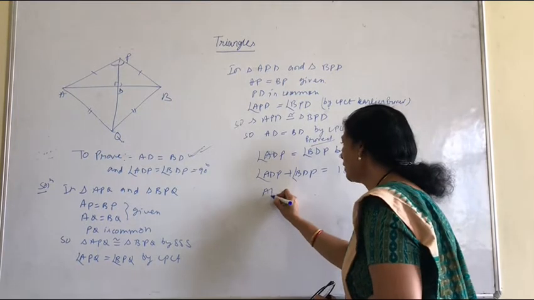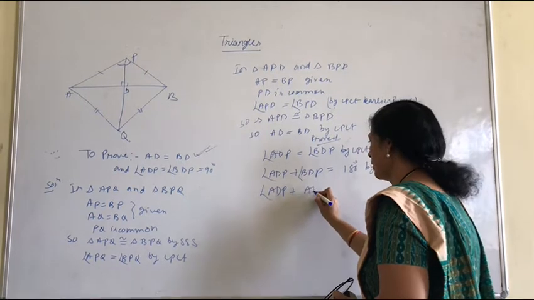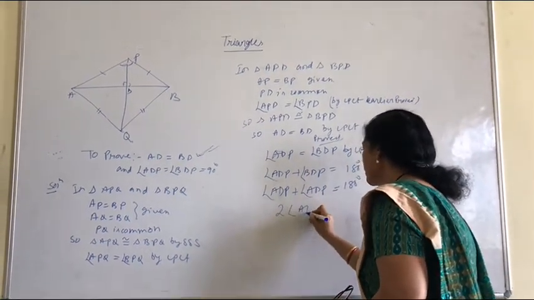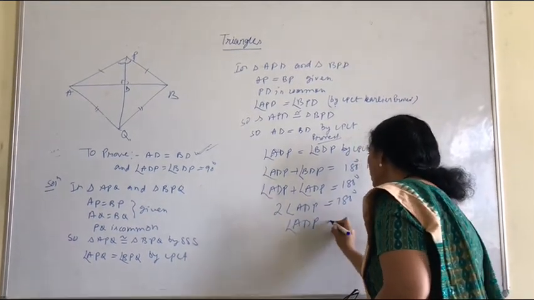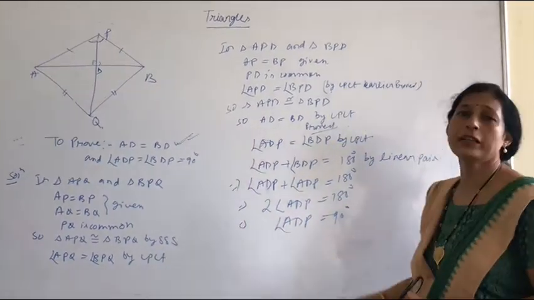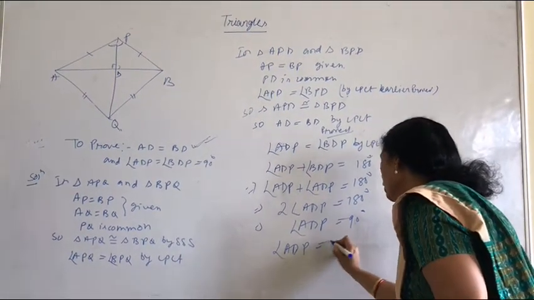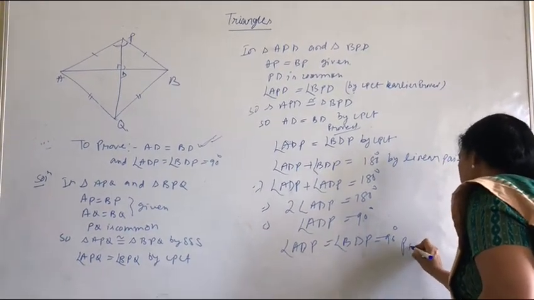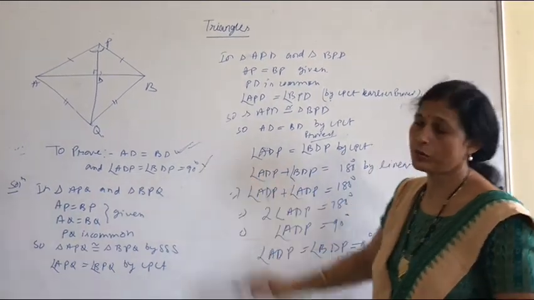That's why ADP plus ADP is equal to 180 degrees. 2 times ADP is 180 degrees. So ADP is 90 degrees. Clear? So if ADP is 90 degrees, that means BDP is also 90 degrees. True. Clear? So now the second one is also proved.